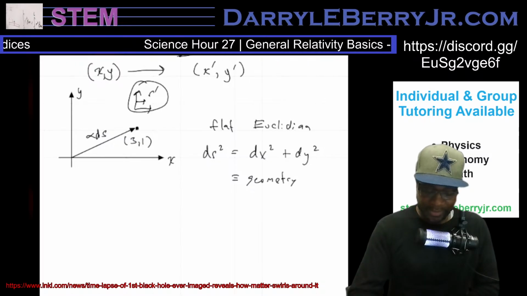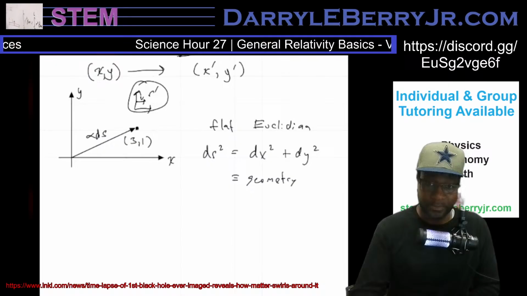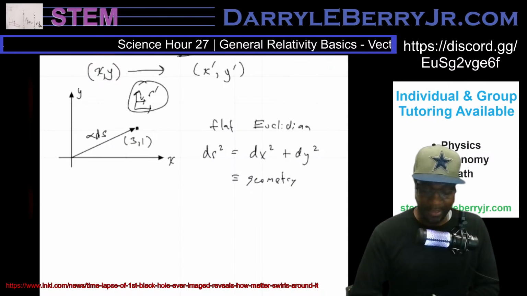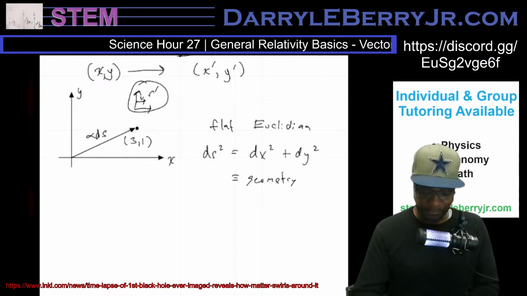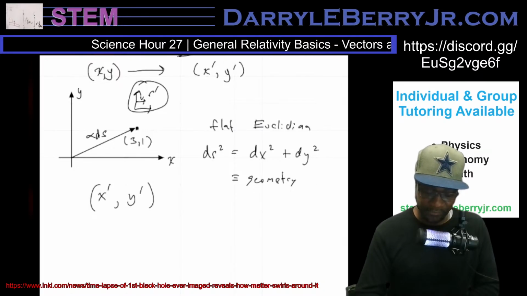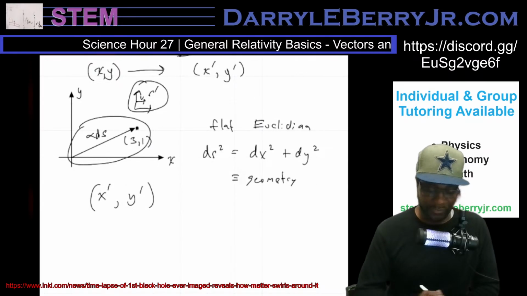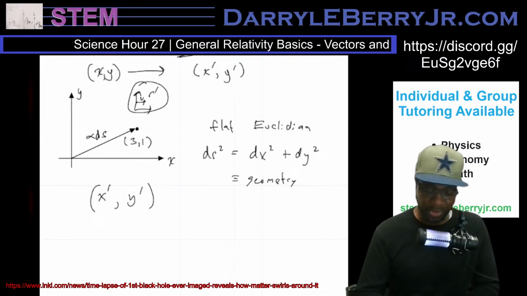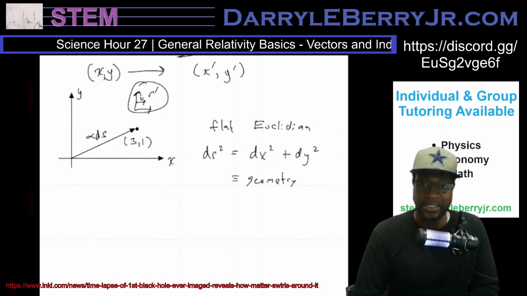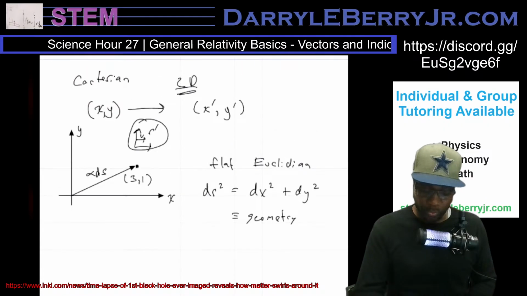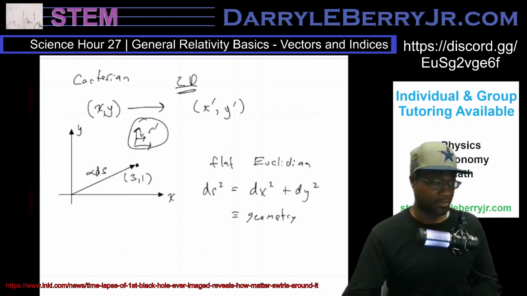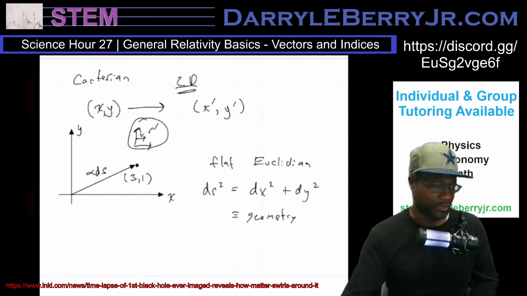If I take this moving frame and stop it so it's stationary momentarily, even though the actual values, the x prime and y prime numbers, will be very different, the length of this vector will have to be the same. So whatever coordinate transformation we do is going to have to keep that invariant. All the stuff that we do in the details is to keep these things invariant between the x, y and the x prime, y prime frames. The length of that vector has to be the same because the physical vector is going to be the same.